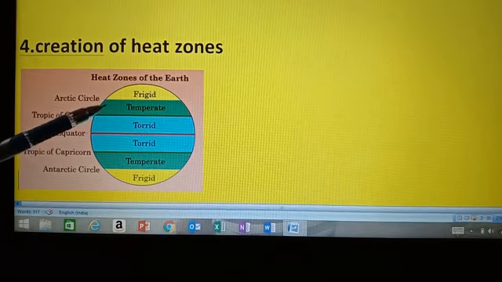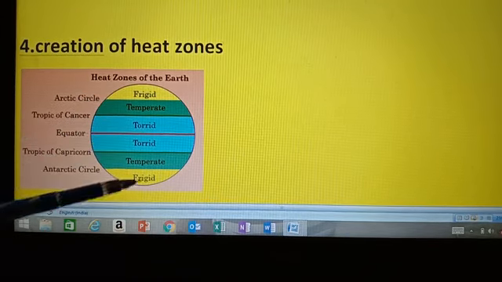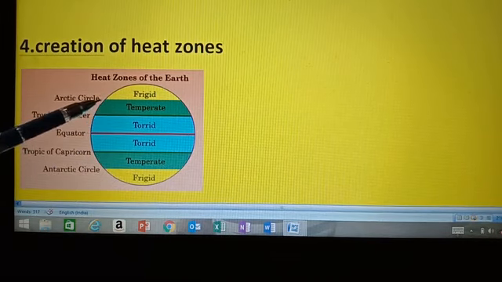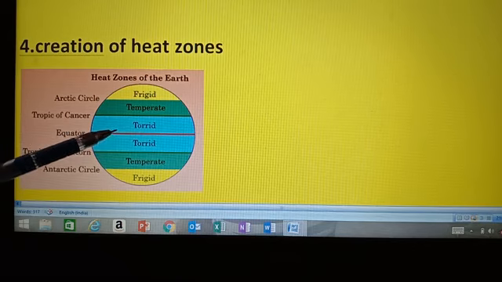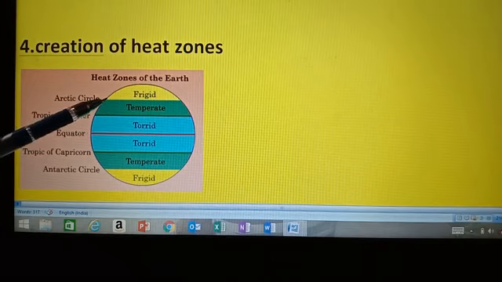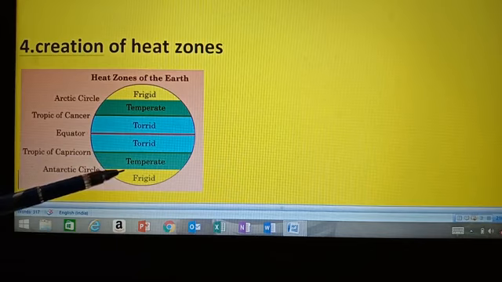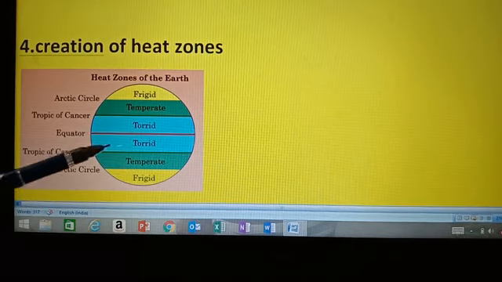Temperate zone is between torrid zone and frigid zone, as you can see. It lies between 23.5 degree north and south and 66.5 degree north and south. This is 23.5 degree north, 66.5 degree north, 23.5 degree south, 66.5 degree south. So it comes in between this.